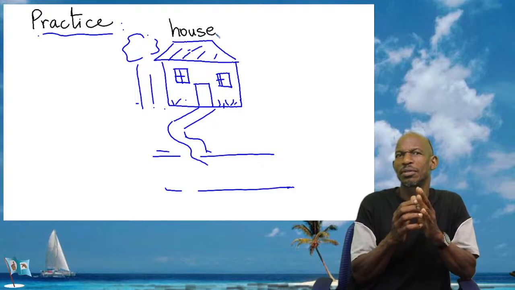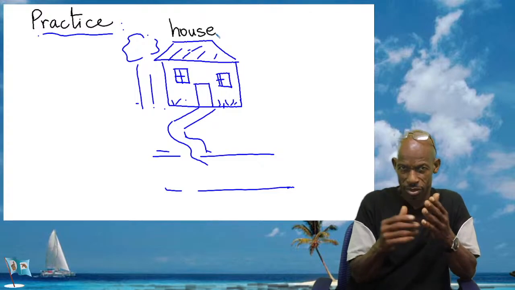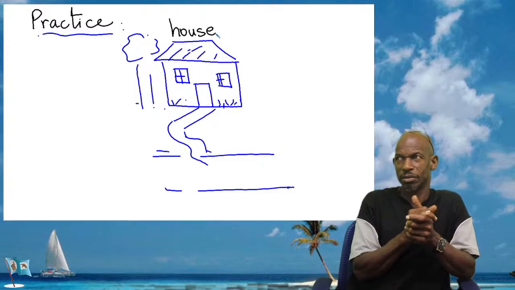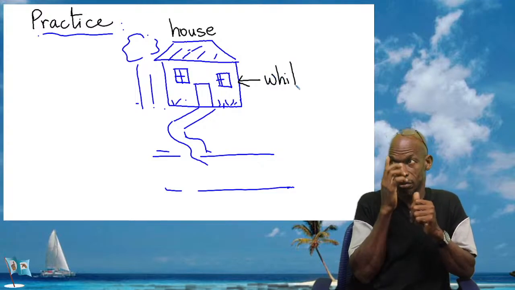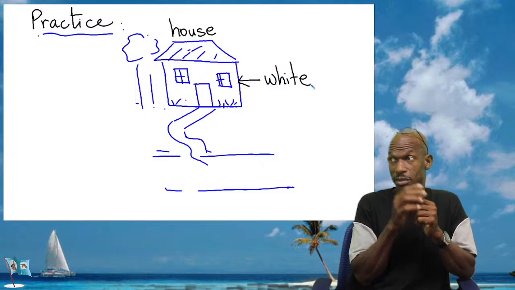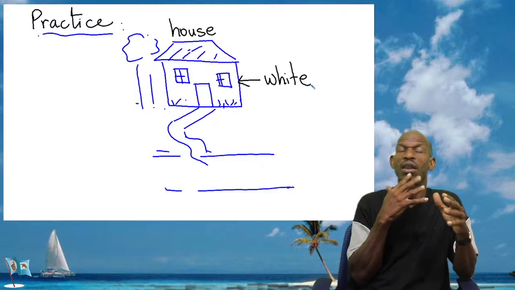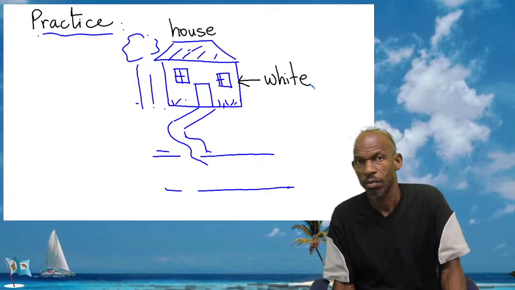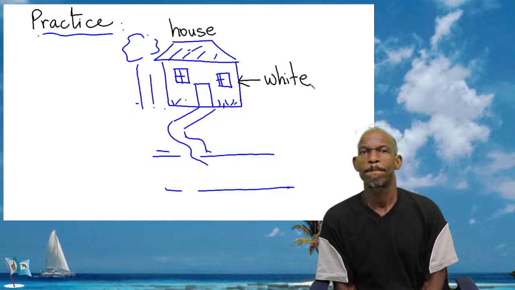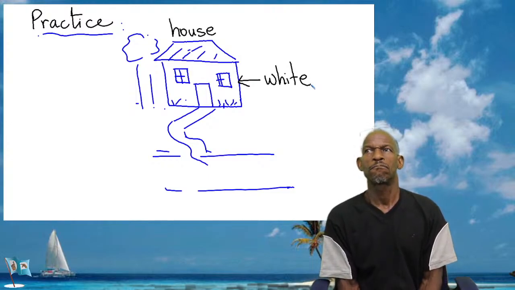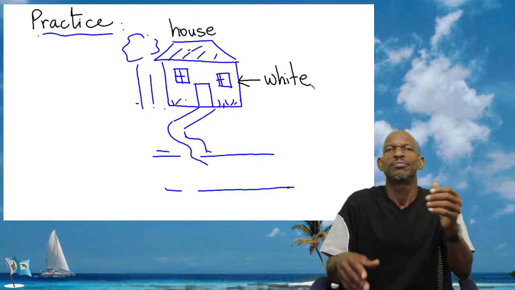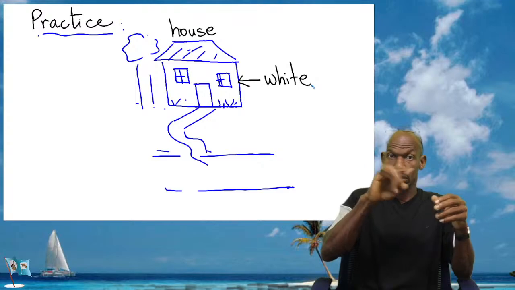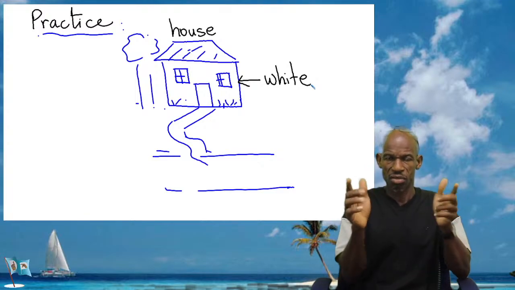So we can look at color. So we just imagine the color of this house is white. So white is telling me the color of the house. All right. Then we can look at the size of this house. And the size of this house, we say small.